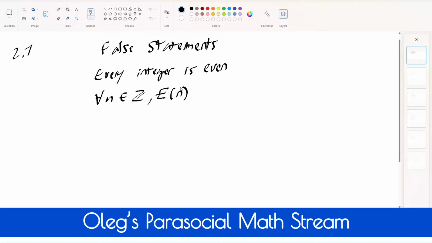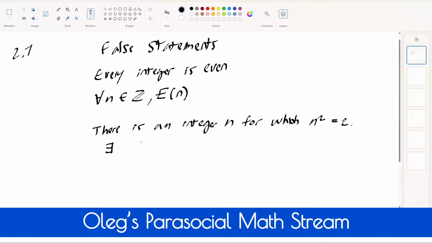So, here we go. n squared equals 2. We just have to write this false statement.